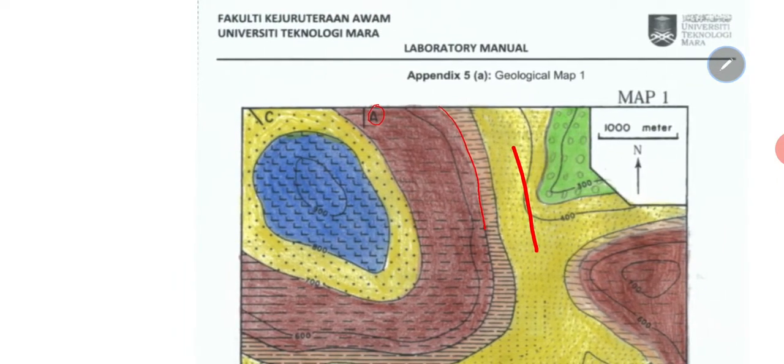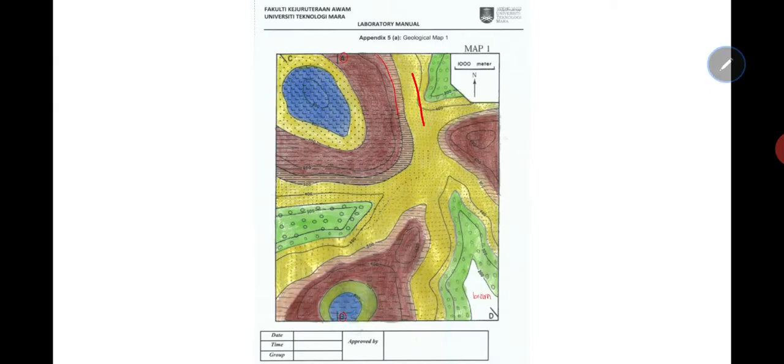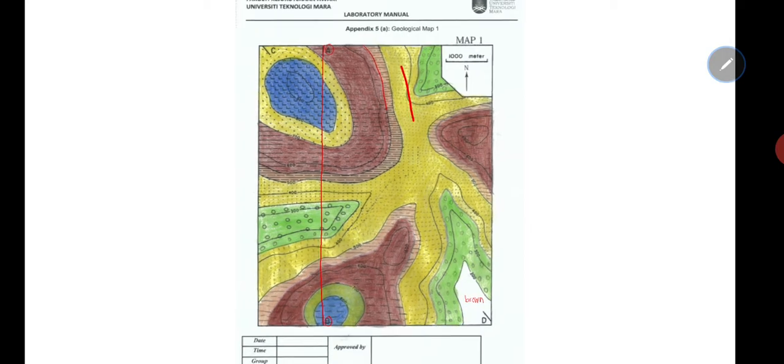So what you need to do next is to draw a straight line from A to B. Use your ruler, and we get that line for A to B. That is the cross section that you want to draw.